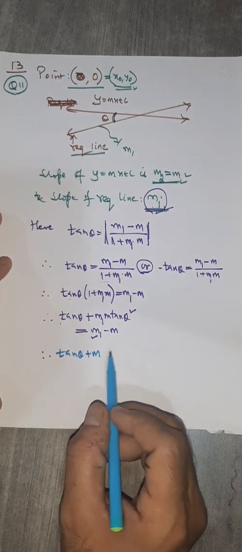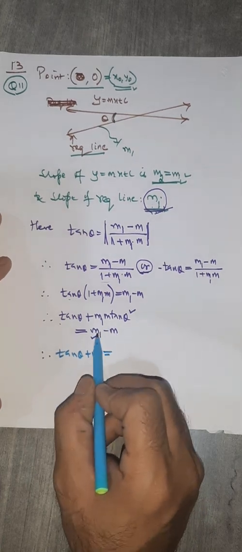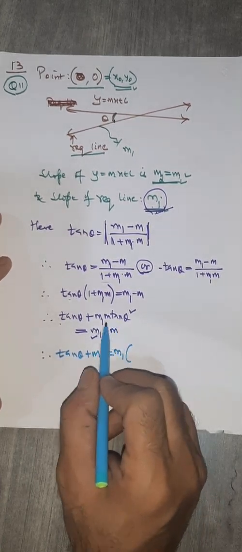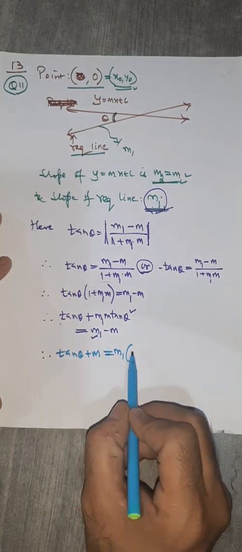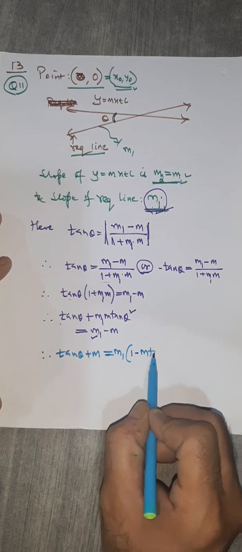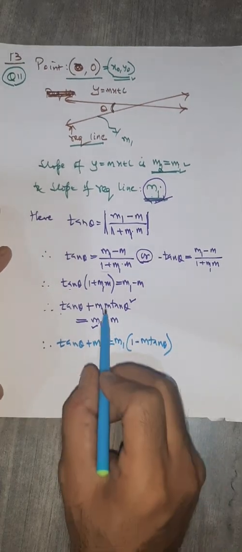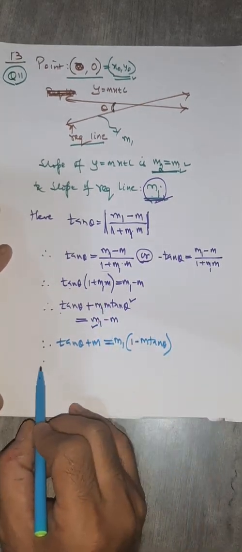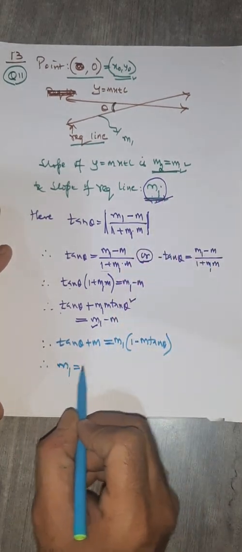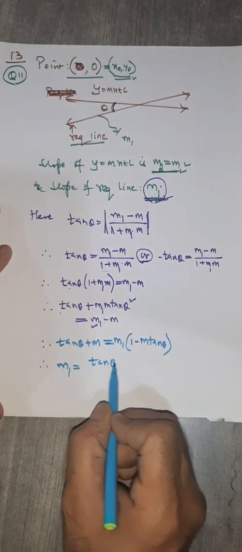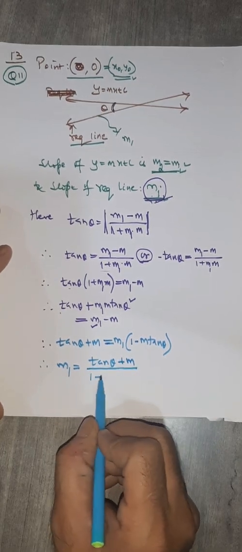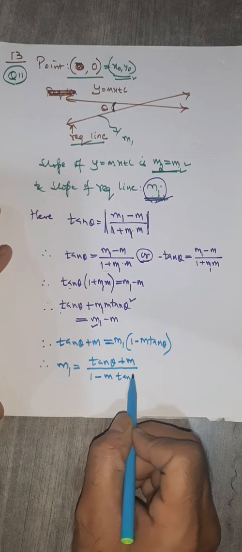Tan theta plus m equals, here m1 you will find common, 1 minus m tan theta. Fine. This expression I've taken over here. I want m1, so we'll make m1 the subject of the expression. So tan theta plus m upon 1 minus m tan theta.